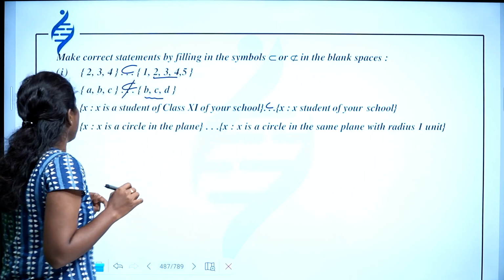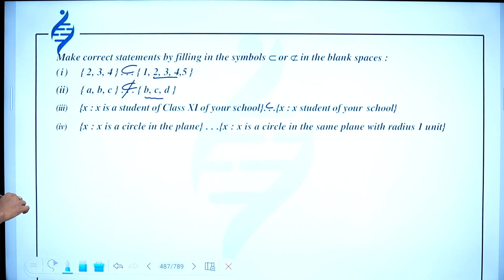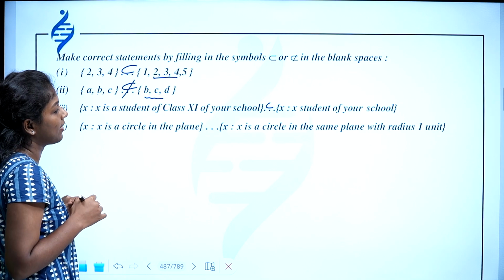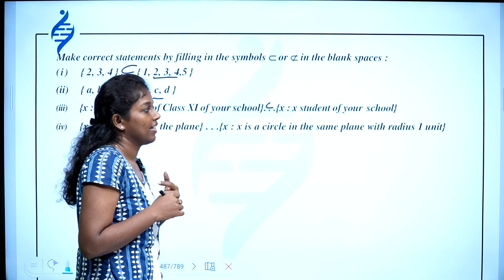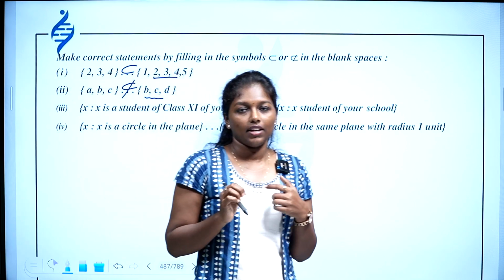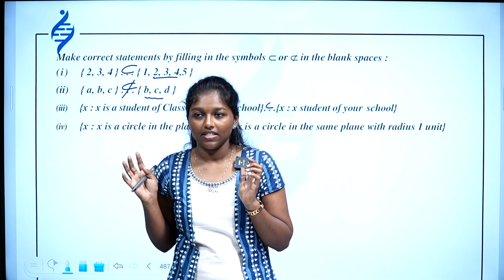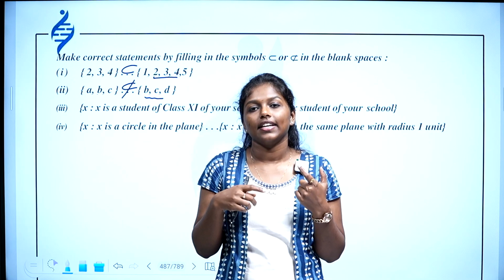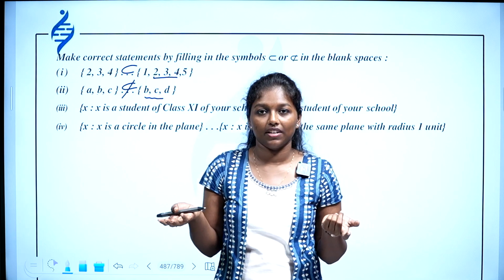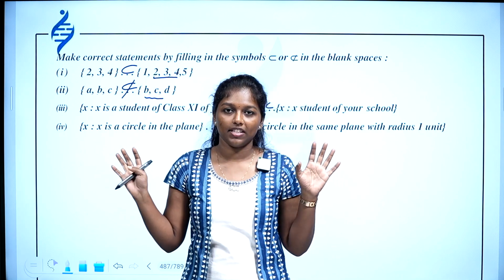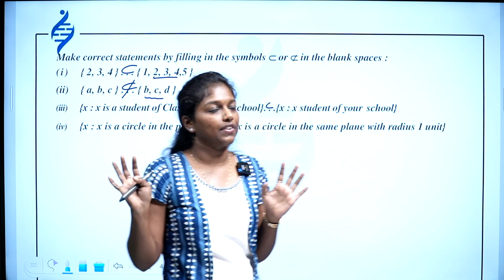Then X such that X is a circle in the plane, and X such that X is a circle in the same plane with radius 1 unit. See, you have considered all the circles in a plane, and their radius varies. Their radius can be 1, 2, or whatever it may be. The radii are different.